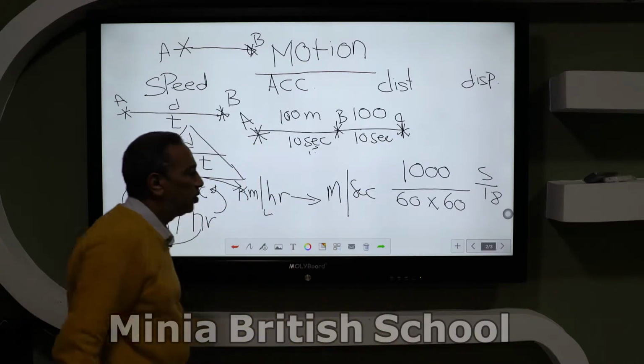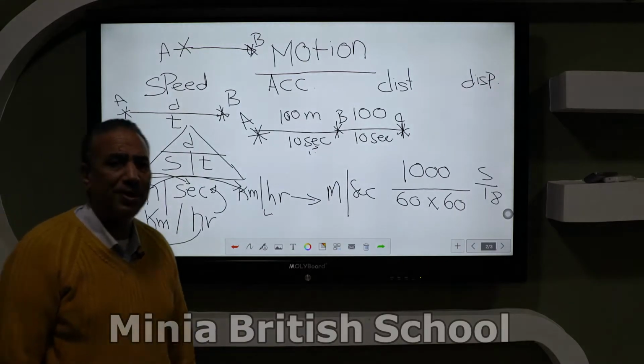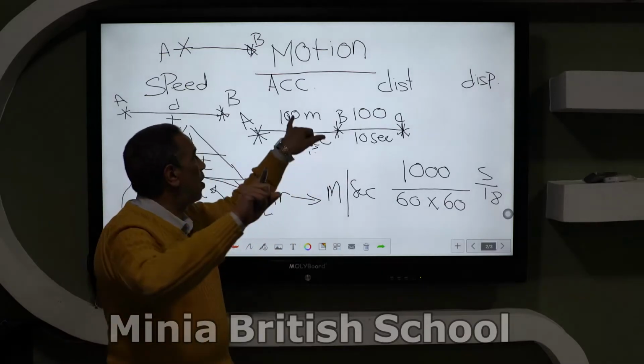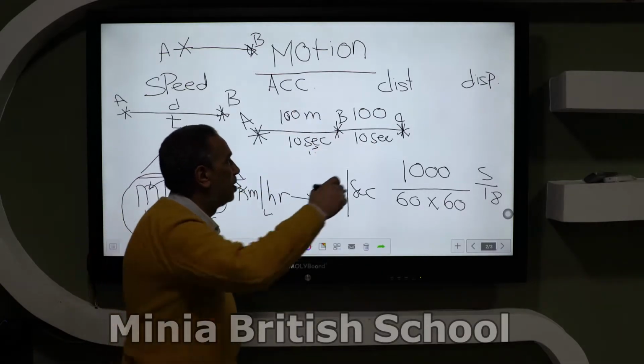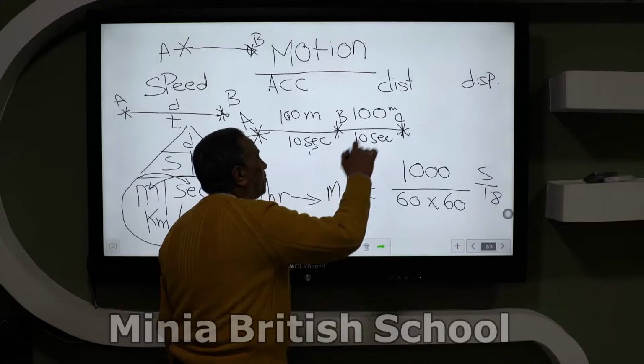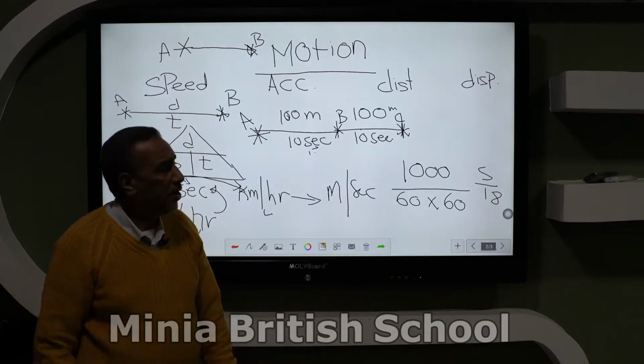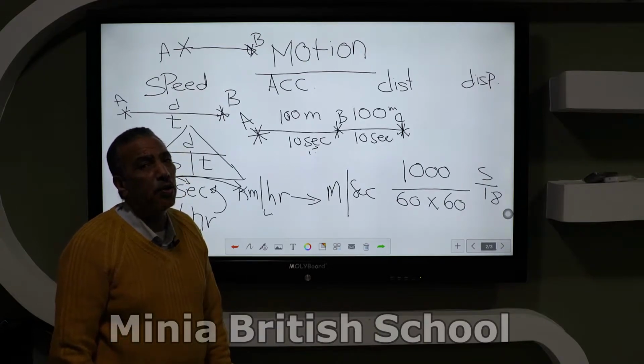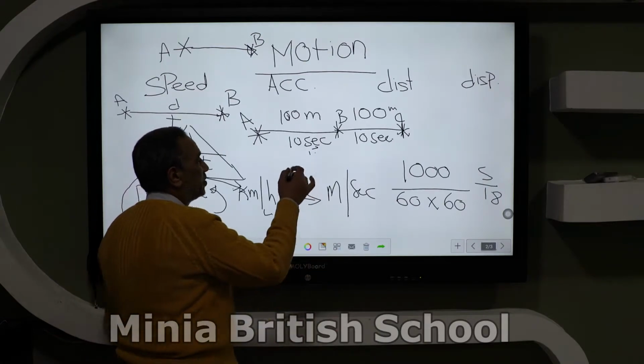That means this body is covering equal distances in equal intervals of time: 100 meters, 100 meters, in 10 seconds, 10 seconds. In this case, this body is moving with regular speed or constant speed.